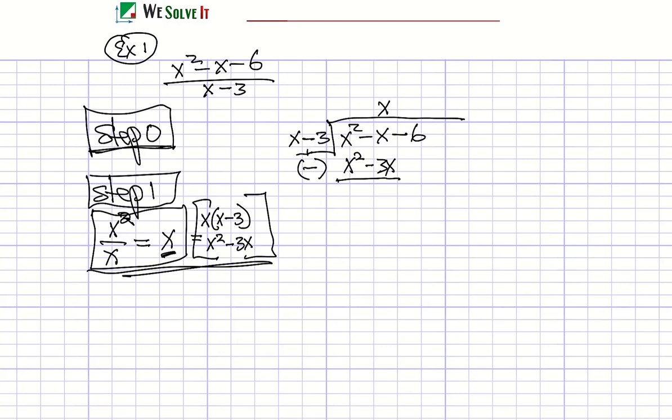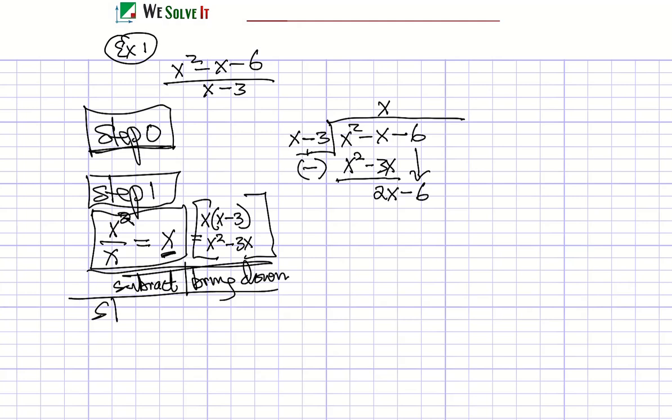So you have negative x plus 3x. That will give you 2x. You see that, right? And then you bring this down. It becomes negative 6. You see it, right? Subtract, bring down, and then we're done with that step, okay?